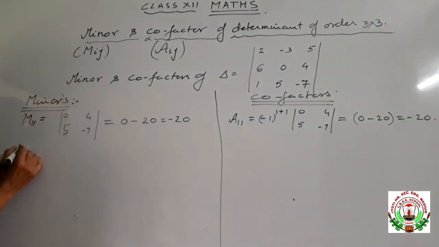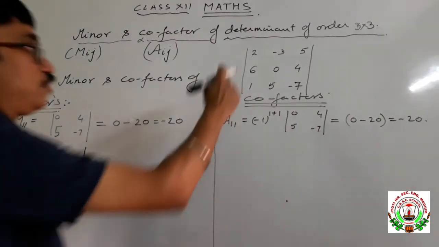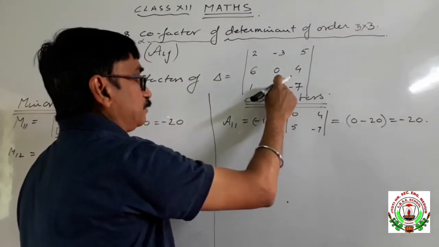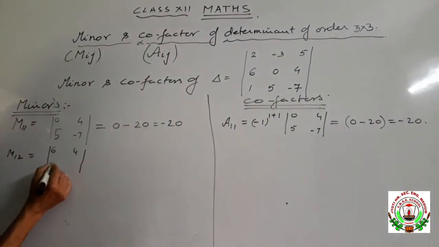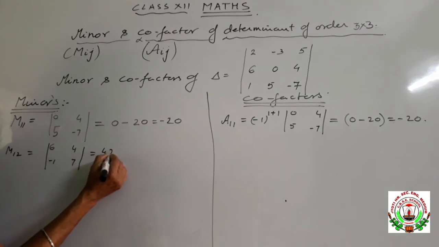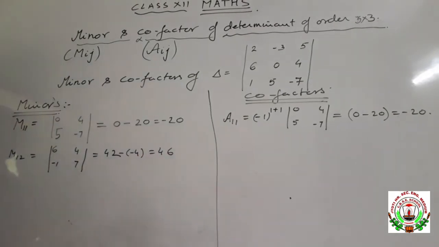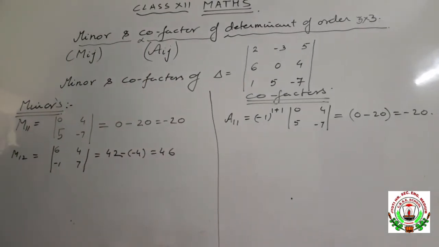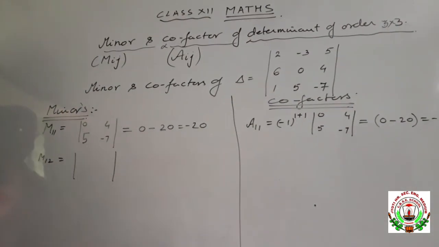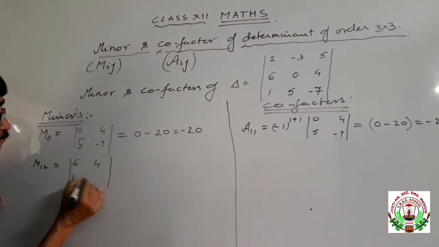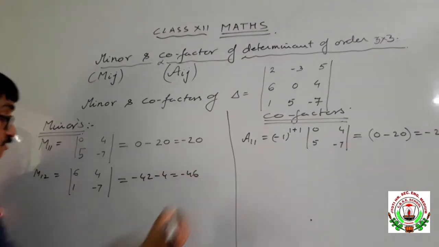Now for the second one, M12, for calculating the minor of M12, if we eliminate the first row and the second column, we get 6, 4, 1 minus 7. 6 into minus 7 is minus 42, and minus 4 into 1 is minus 4, so minus 46.